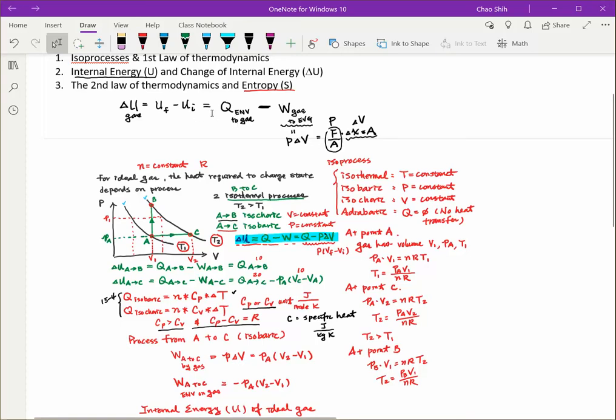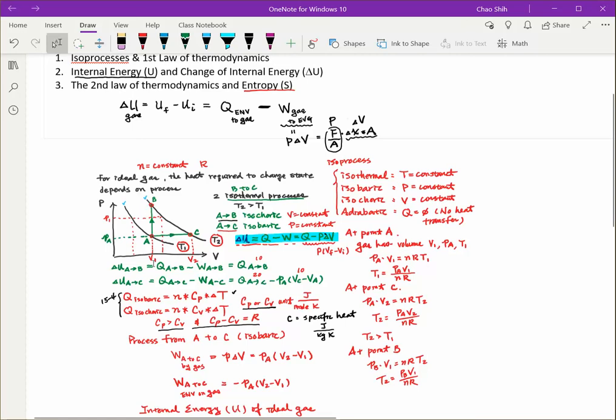Now let's look at something else. Let's look at what this process means when you look at the different states. Now it's very easy to identify which process that is. First, we look at A to B. A and B is right above the A. If you look at the PV diagram, you can see if you move from A to B, the volume doesn't change.